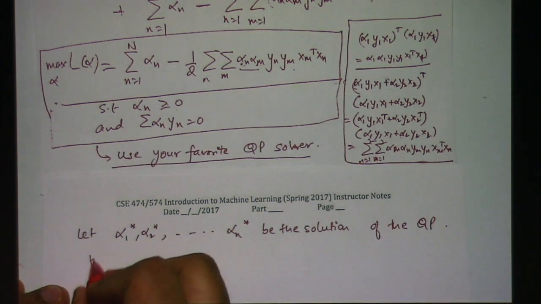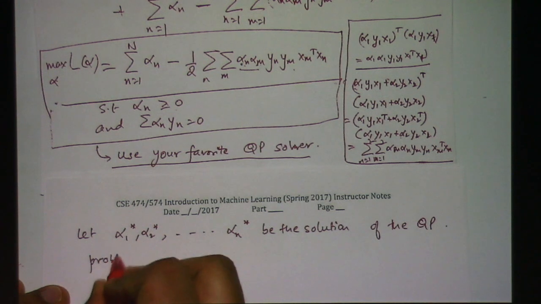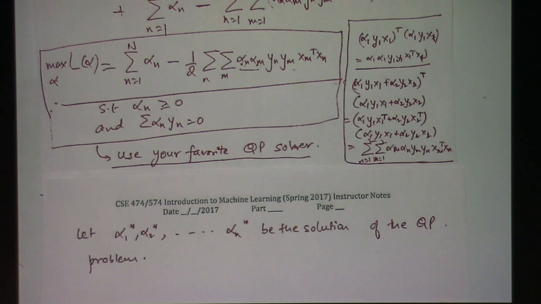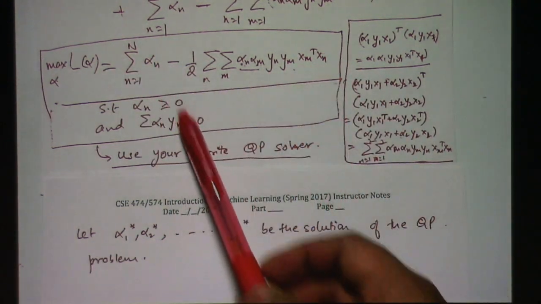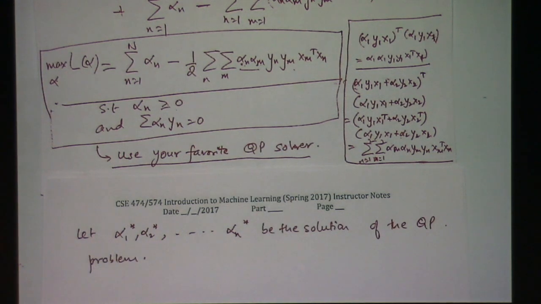We call it the quadratic programming problem. If you have done linear programming and quadratic programming, I know you know that. The idea is that it's an optimization problem with some linear constraints, and there are solvers that can be used to get that. So let's say these are our solution, right?